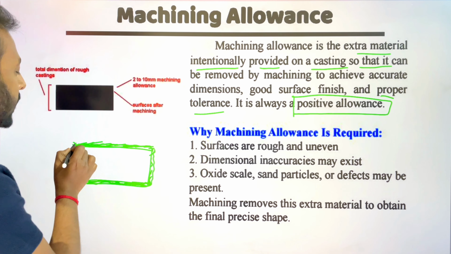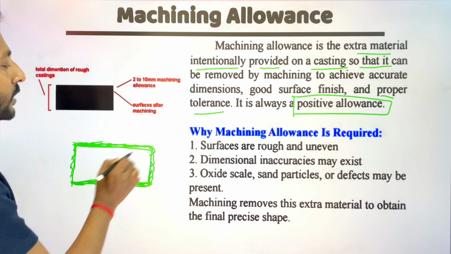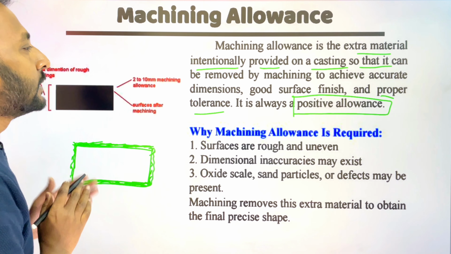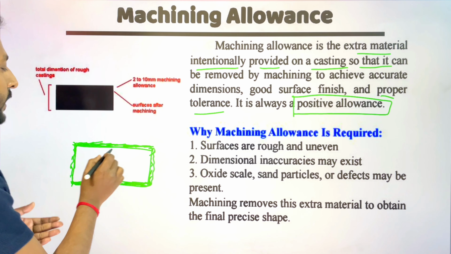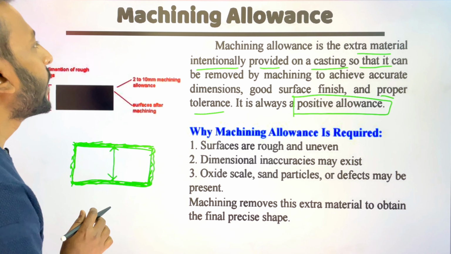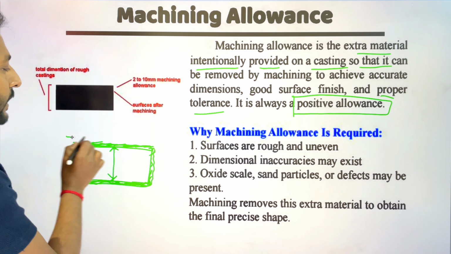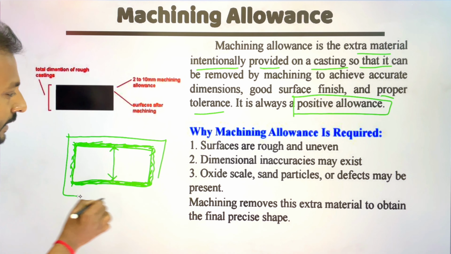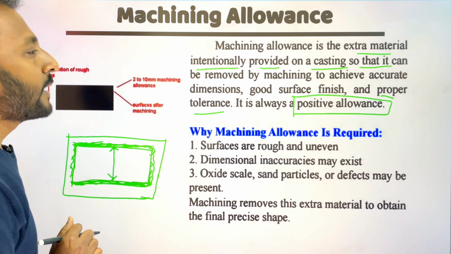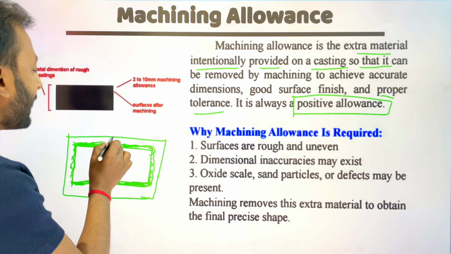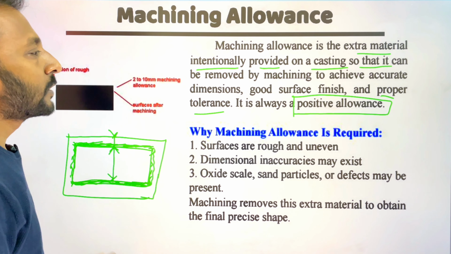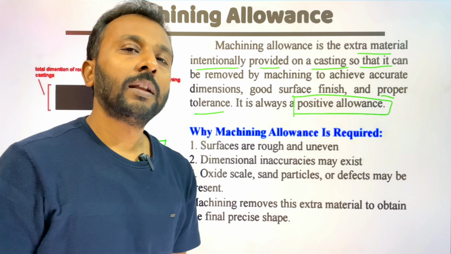That's why some metal from the casting is getting eliminated. That's why the product is getting shorter in dimensions. So that's why we are adding extra dimension to the pattern, and after machining we are getting the final dimension. That's why it is a positive allowance.